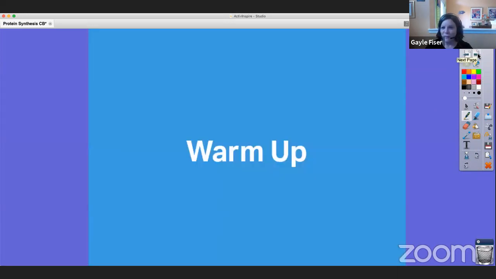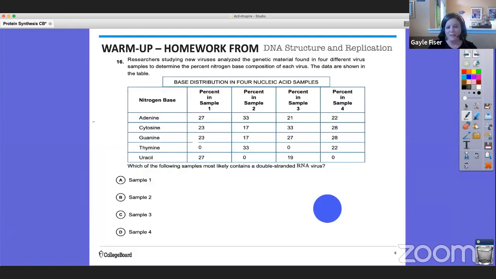All right, for our warm-up, which was last night's homework from the DNA structure and replication lesson from Ms. Kate. Here we have researchers studying new viruses analyze the genetic material found in 4 different virus samples to determine the percent nitrogen-based composition of each virus. The data are shown in the table. So we have a table-based distribution in 4 nucleic acid samples.